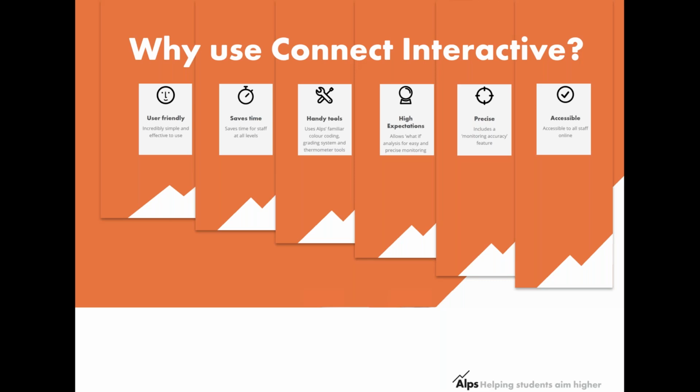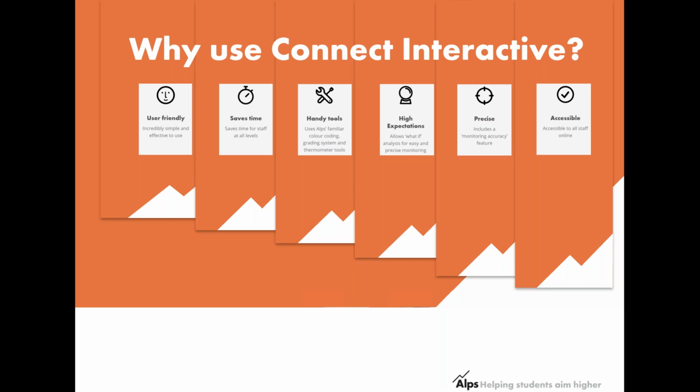Monitoring accuracy, I will talk about during the demonstration. And just bear in mind that the idea is that it's accessible to all staff. So your teaching staff can all log in to Connect Interactive and see their analysis for themselves and do all of their modeling for themselves so that they can have the most impact with the students sitting in front of them.